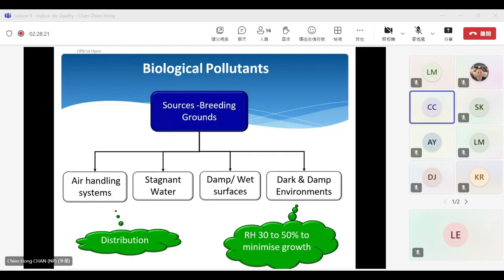So places where it is dark and damp, surfaces that are wet, when you have stagnant water, or some air conditioning systems, such as the air distribution systems, where condensation will happen. These are the places where these biological pollutants will start to breed.